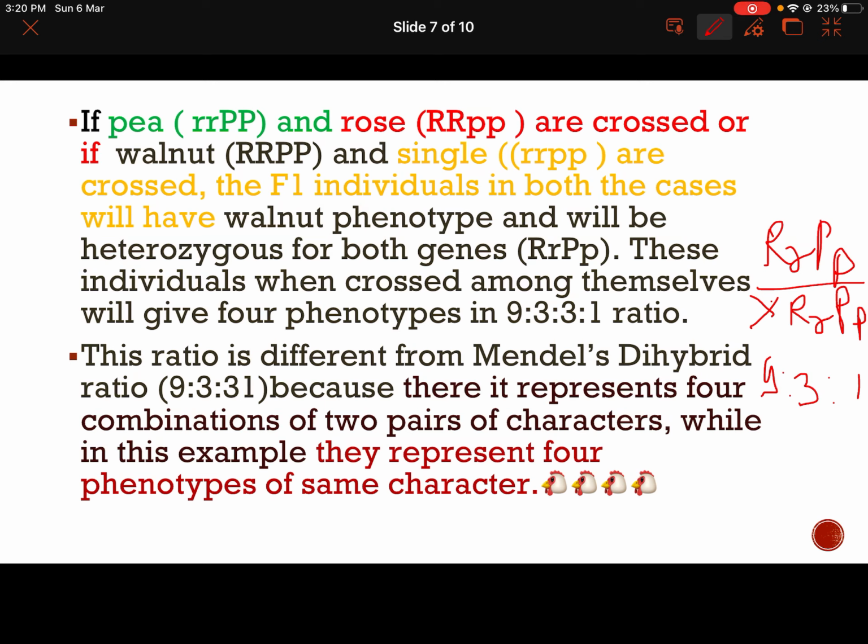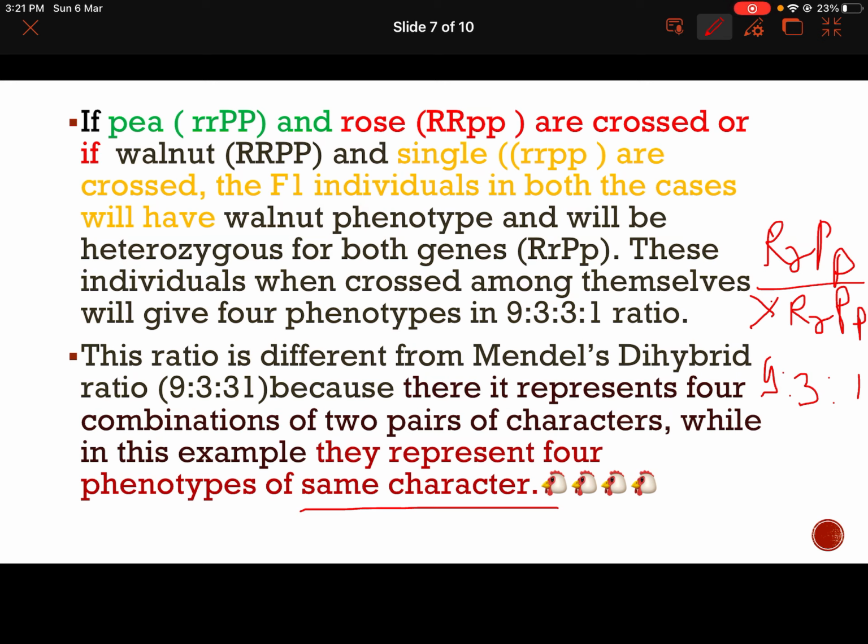Why? Because there it represents 4 combinations of 2 pairs of characters, while in this example they represent 4 phenotypes of the same character. It's a very important point to remember. The 9:3:3:1 ratio is not the same as Mendel's dihybrid ratio. There in Mendel's cross we took 2 characters at one time, seed shape and seed color, with 2 different traits like yellow and green and round and wrinkled.